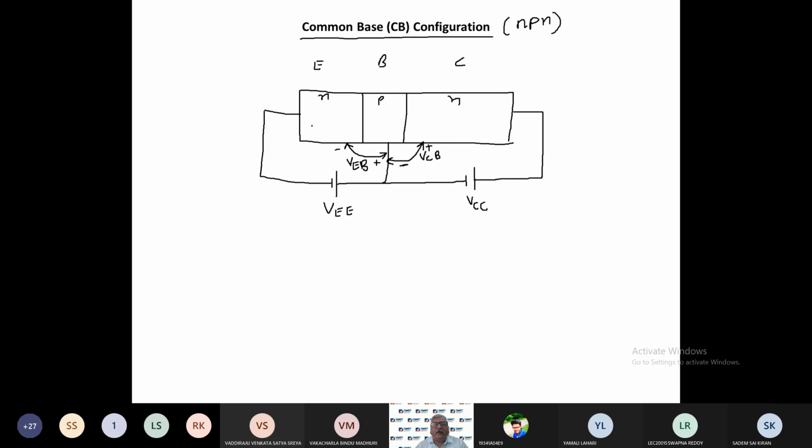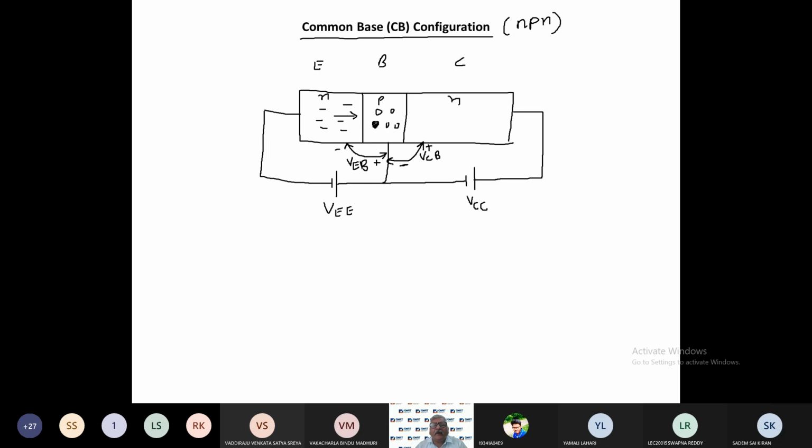Now if you see the direction of the current, emitter base is forward bias, so electrons will move in this way. Here there are holes, here there are electrons. Electrons will move towards the base, and in the base there are holes, but the holes are very few because base is lightly doped. So very few electrons will recombine with the holes.